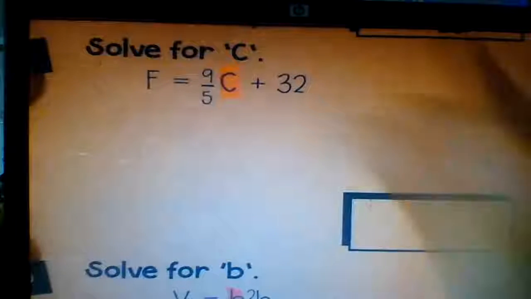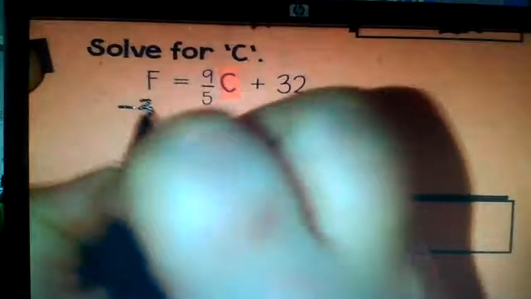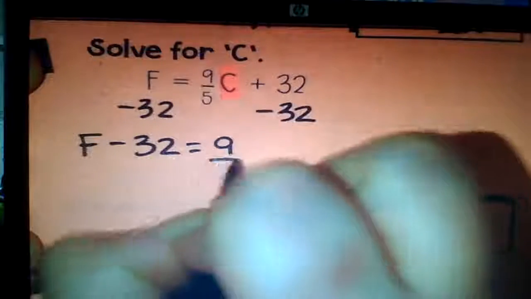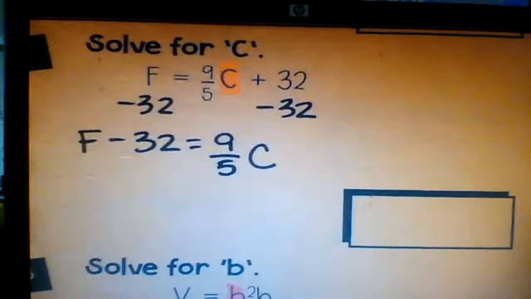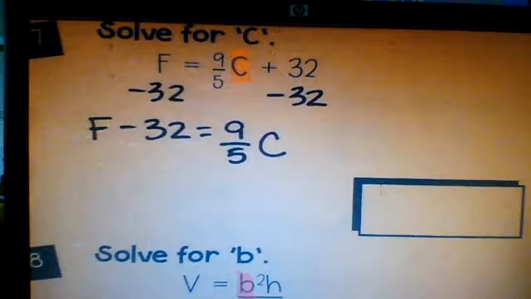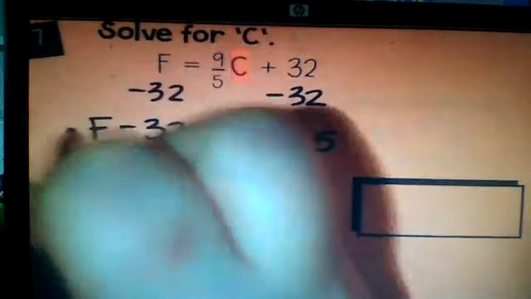So you should subtract your 32 first. So F minus 32 equals 9/5 C. Multiply by what? Multiply both sides by 5.